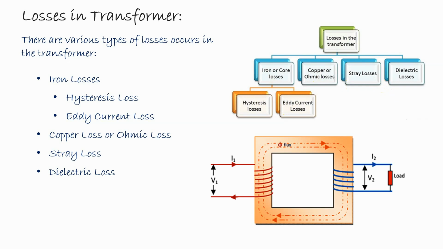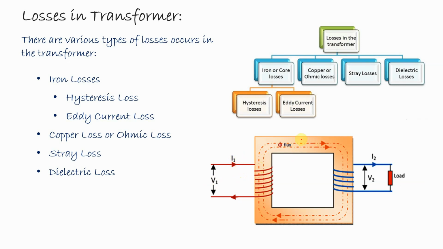As we have seen during the operating principle of the transformer, when we apply the alternating voltage across the primary winding of the transformer, then an alternating current flows in the primary winding. Correspondingly, a magnetomotive force is developed and flux is produced, and this flux depends upon the alternating current.